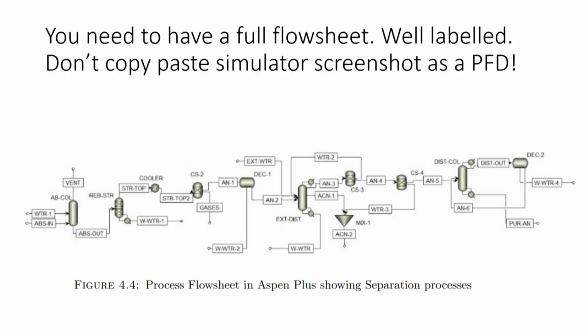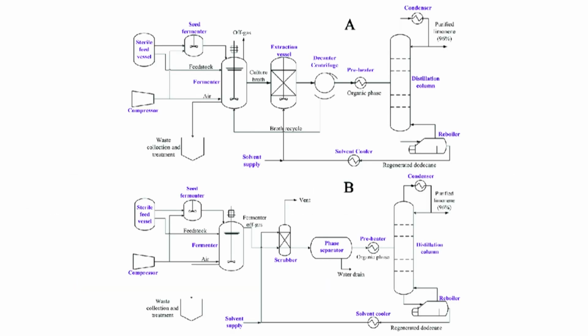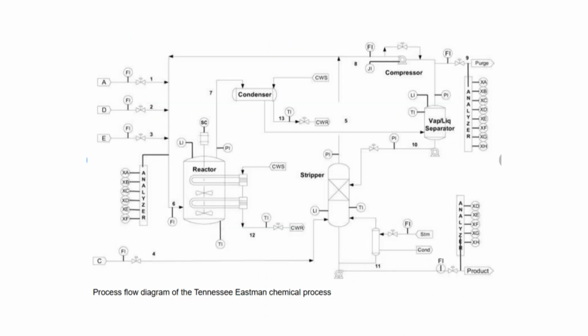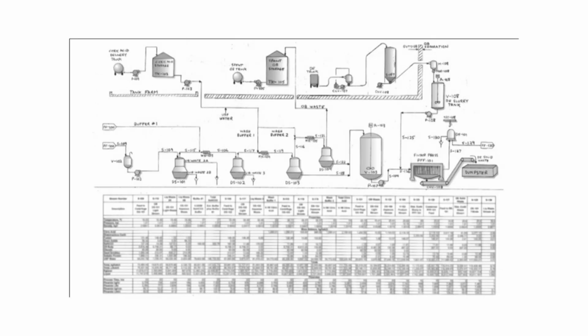So compare this one with stuff like this, right? Much better. Now you see what equipment is there. Even in a flow sheet, you are trying to use equipment to convey the form of the equipment, so that a reactor looks like a reactor, or a distillation column looks like a distillation column. And this is a proper flow sheet. The bottom table will have flow rates.